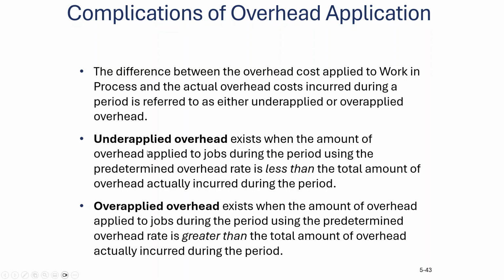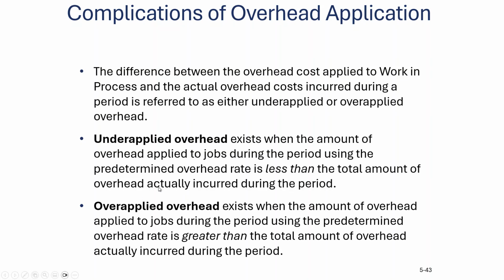So first we can look at the under applied. What is under applied? Under applied means that we allocated less. So the actual cost was more than we applied to the job. Under applied overhead exists when the amount of overhead applied to the job during the period using the predetermined rate is less than the total amount incurred for the period.